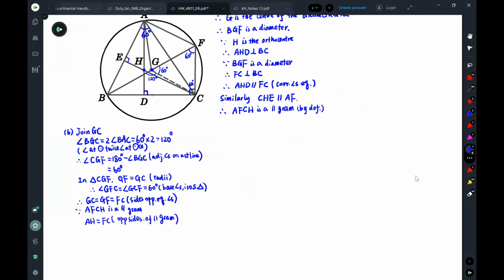Now AH and FC are equal, and AG and GF are equal radii. So we have AH and AG equal.